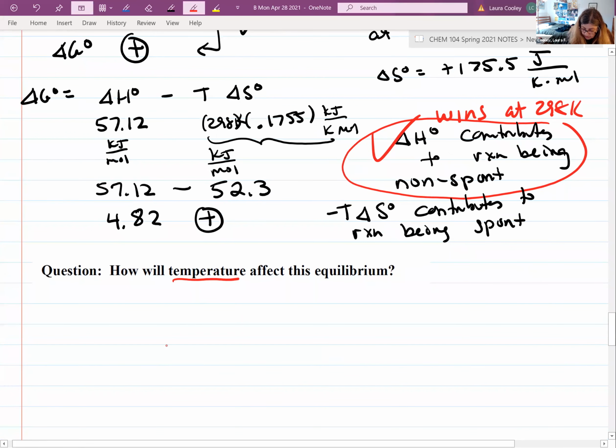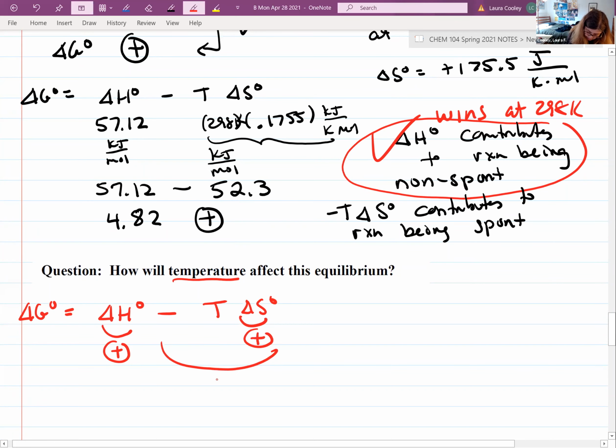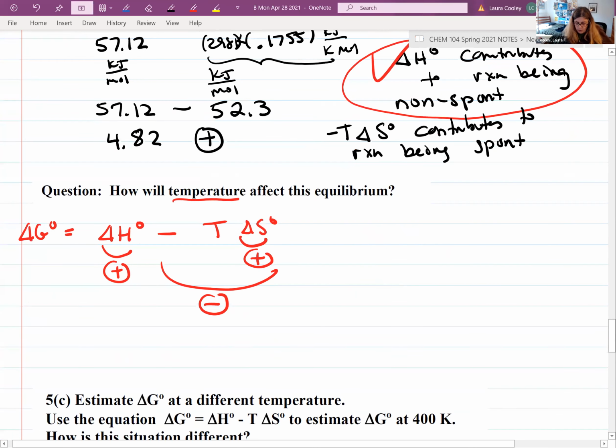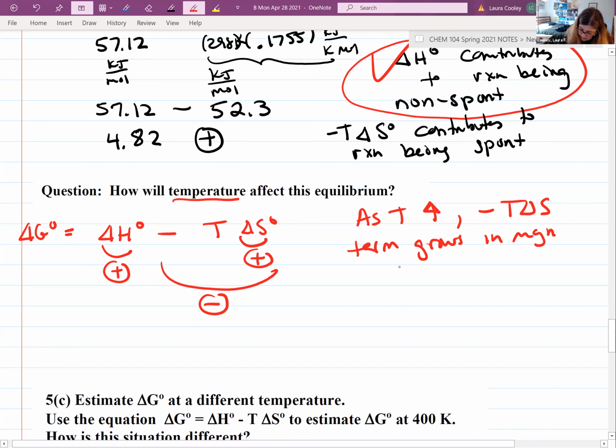But how will temperature affect this equilibrium? It will definitely affect this equilibrium. Delta G is delta H minus T delta S again, because this is positive and this is positive, this term is negative. So as the temperature goes up, the negative T delta S term grows in magnitude.